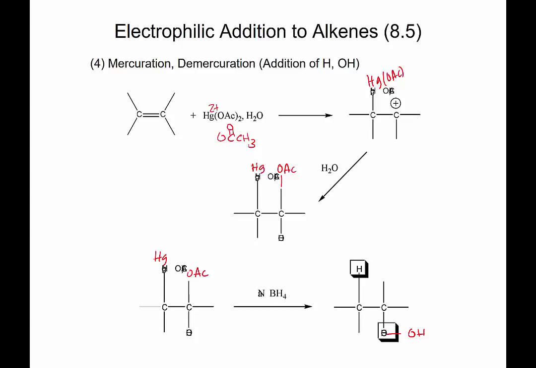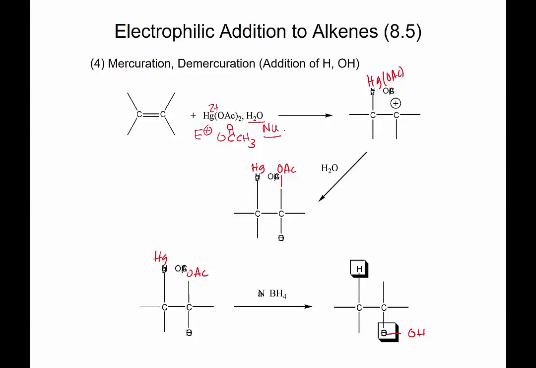So I have mercury acetate and water. Our electrophile is going to be the mercury, and our water is going to be the nucleophile. So again, we are adding electrophile first, followed by nucleophile, only in this case, I've now made the electrophile a mercury ion.